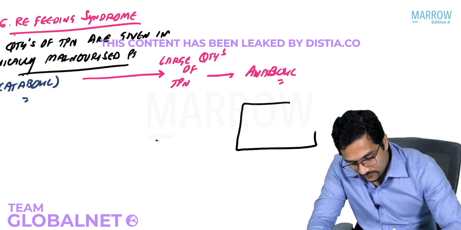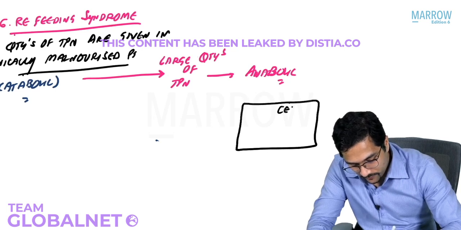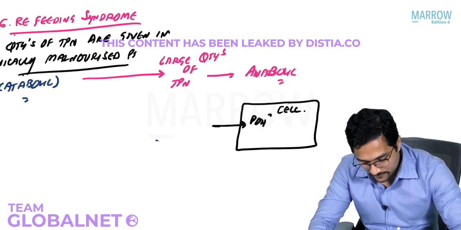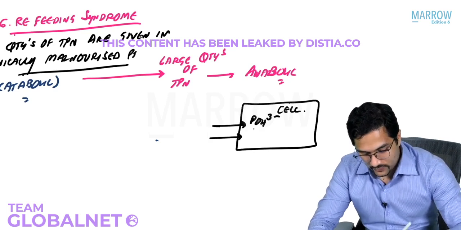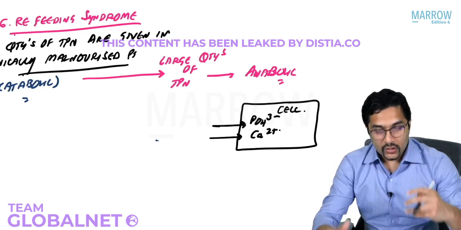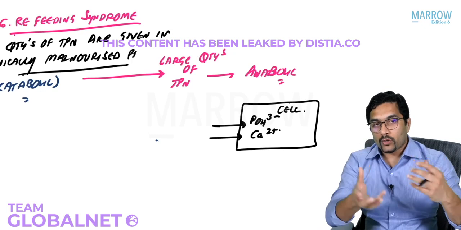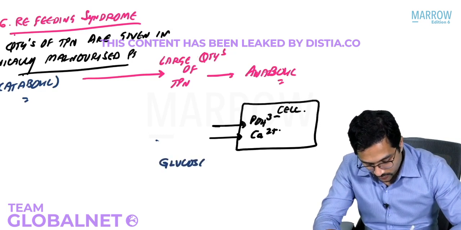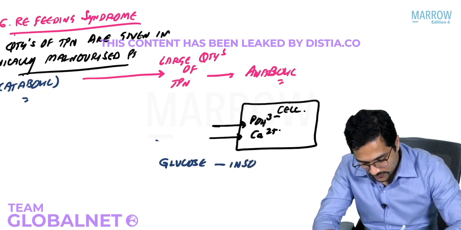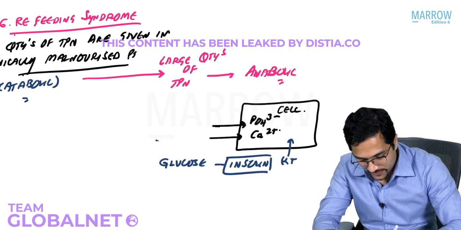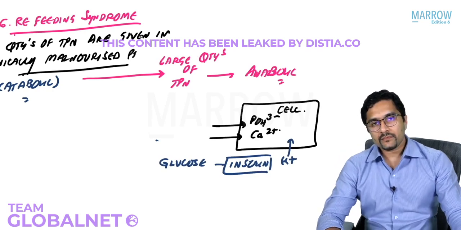So now the cell, which is the building block, is going to take in phosphate. It is going to take in calcium. And because you're giving more and more energy, more glucose to these patients, insulin will be released. And this insulin will also push potassium inside the cell, right?